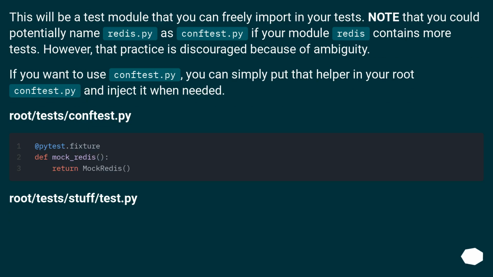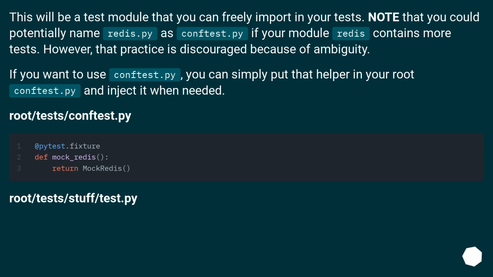This will be a test module that you can freely import in your tests. Note that you could potentially name redis.py as conftest.py if your module Redis contains more tests. However, that practice is discouraged because of ambiguity. If you want to use conftest.py, you can simply put that helper in your root conftest.py and inject it when needed.